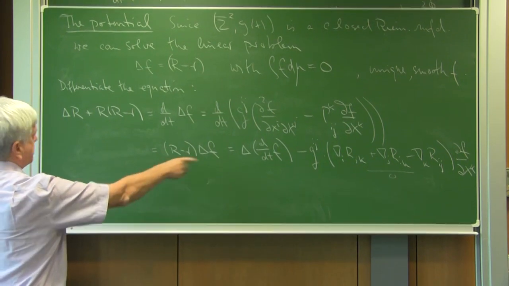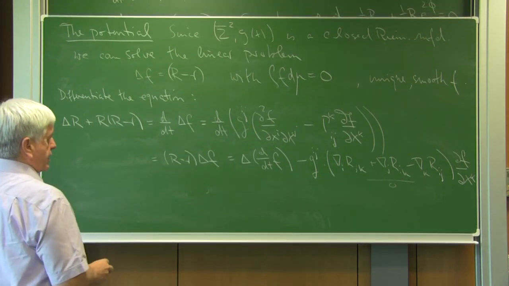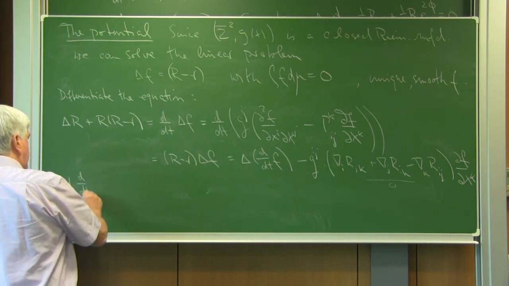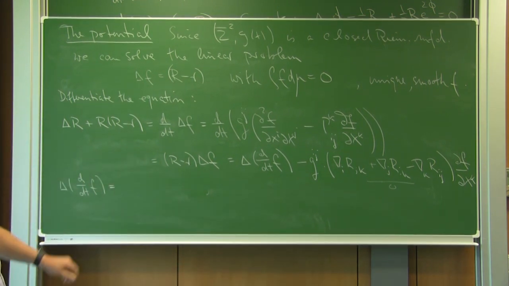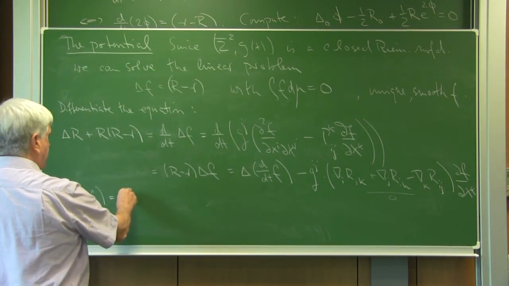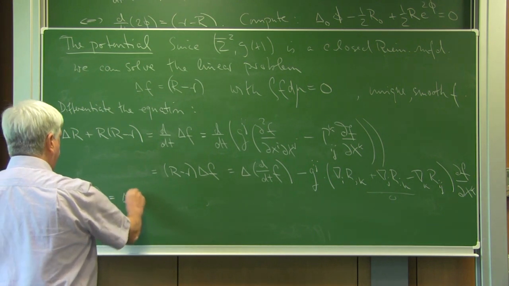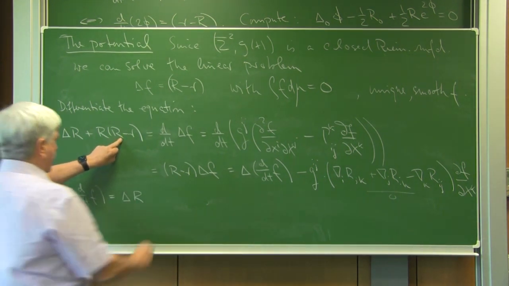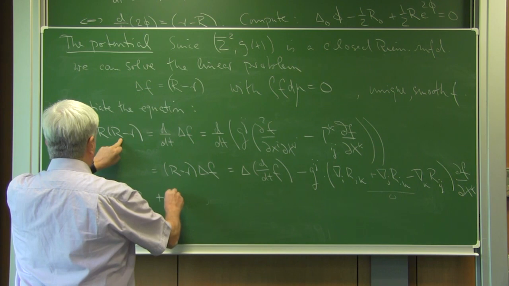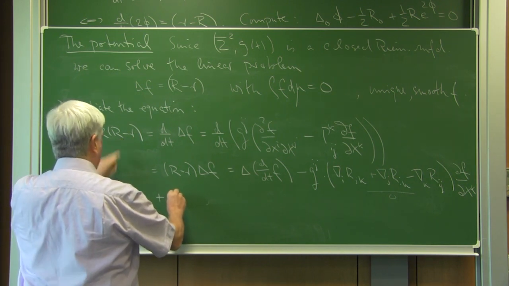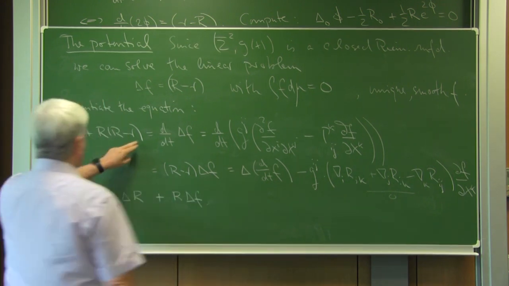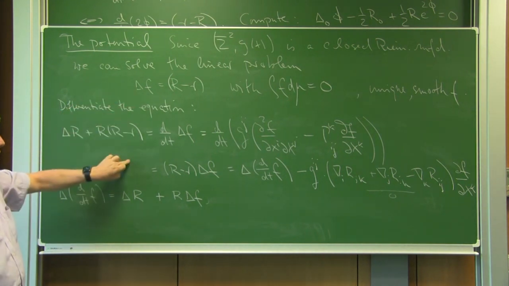Now, putting everything together, we get that the Laplacian of ddt f is equal to, let's see, I get Laplacian of r, and this one I write as r times Laplace f, because R minus r is Laplace f.